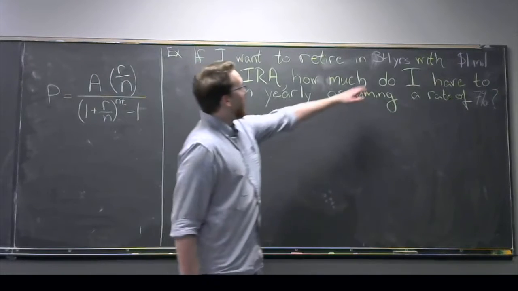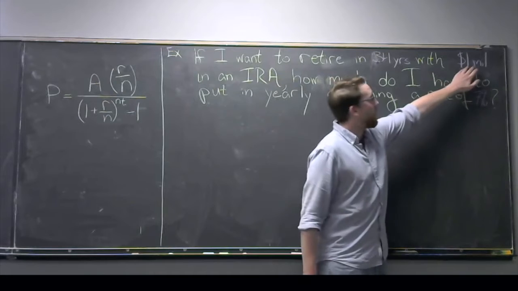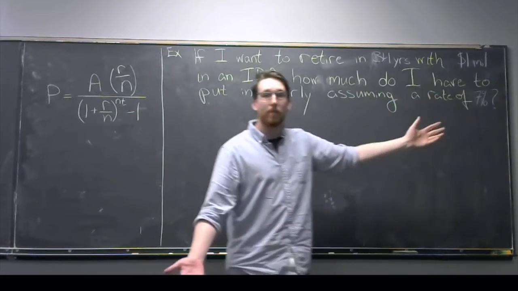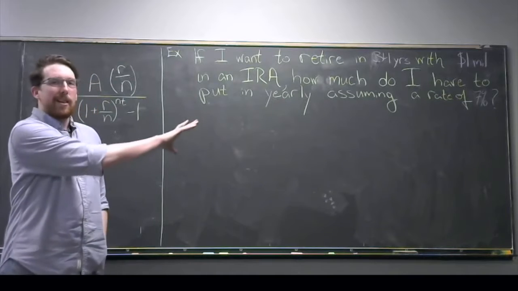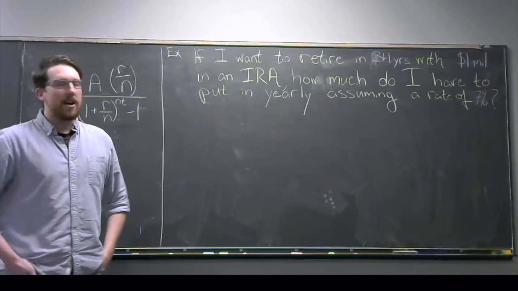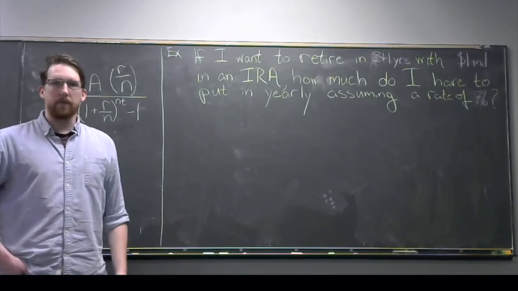Well, that's in 34 years. Like I said, I want $1 million in my account. And to be conservative with our estimate, let's assume that I have an account that earns 7% interest. That's on the low end of IRAs.